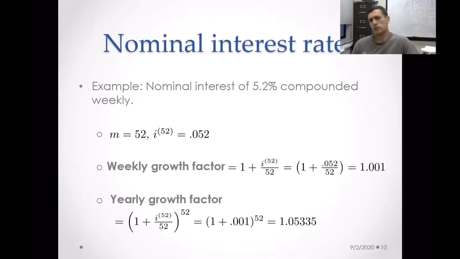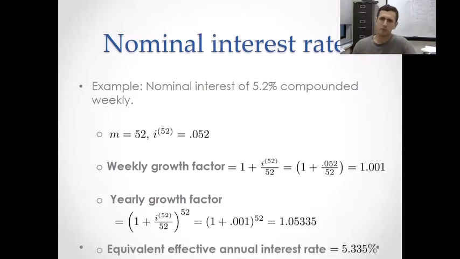And the same thing is true going backwards. I'll give you a formula in a moment. If you're given a yearly interest rate, how do you compute a nominal interest rate? If you do that, the two answers better be fairly close to each other, or you did something wrong. Okay, and as I said, the equivalent annual interest rate is 5.335, and I just want to stress a term here that we're going to use throughout the rest of this course, and that is effective.